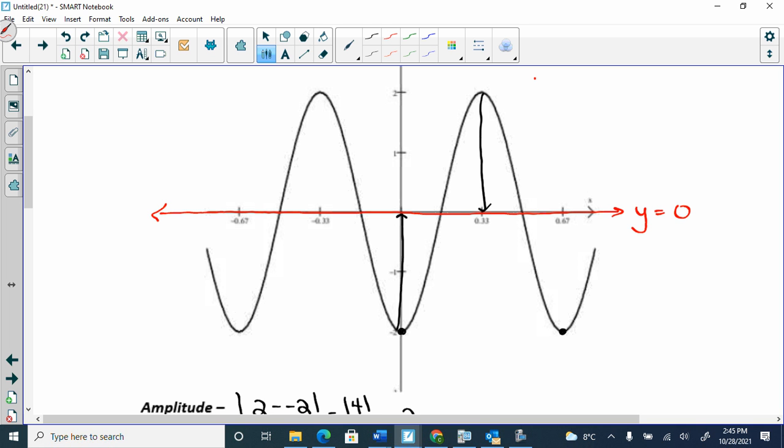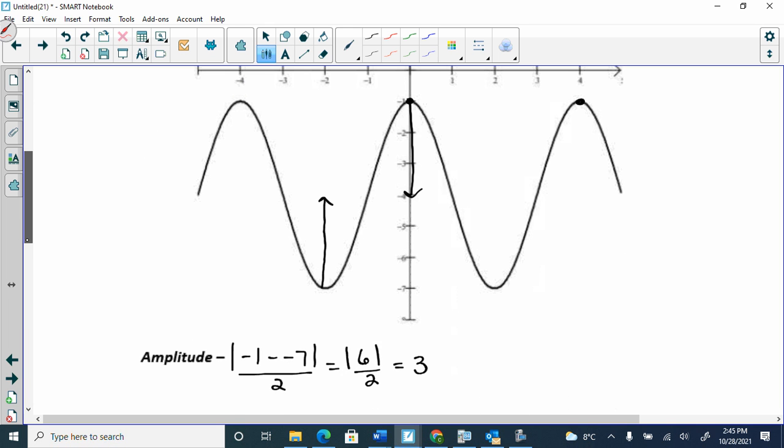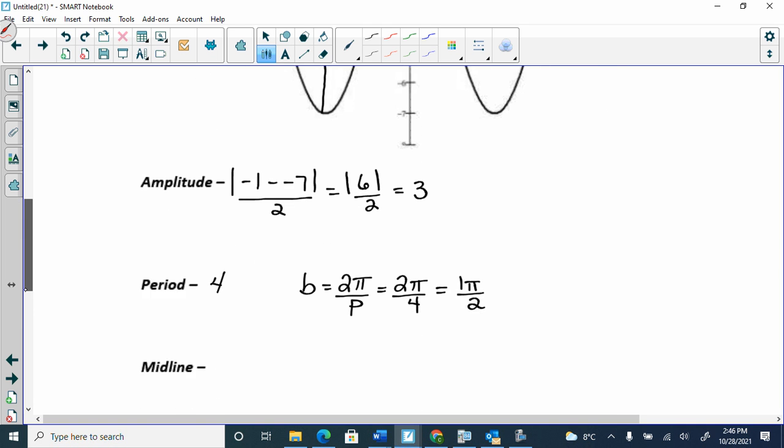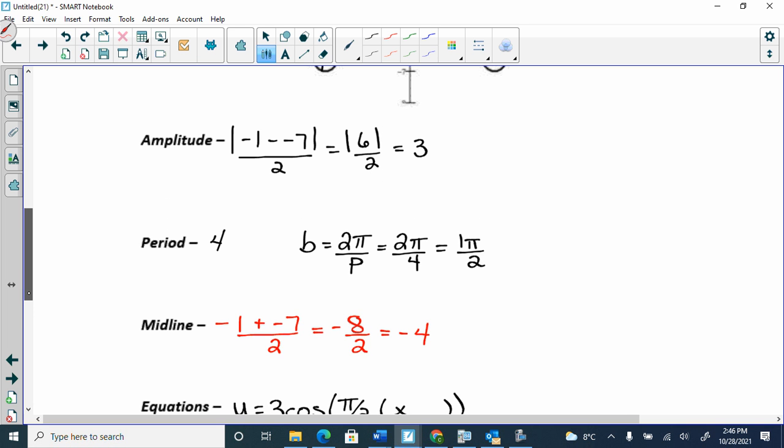The next one's not going to be y equals 0, because the graph's not symmetrical about the x-axis, right? So our max is at -1 and our min's at -7. So we're going to go our max, which is -1, plus our min, which is -7, divided by 2, which is -8 divided by 2, which is -4. So I'm going to get -4 as that horizontal line, right?